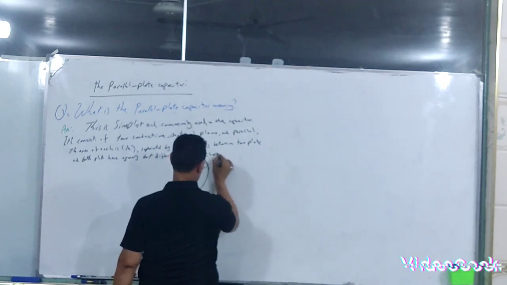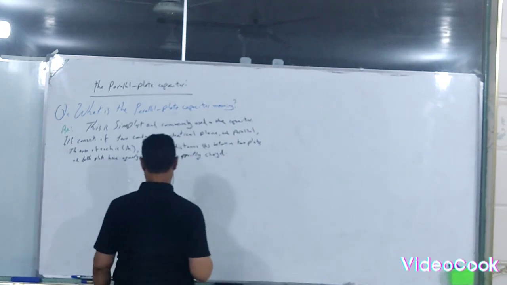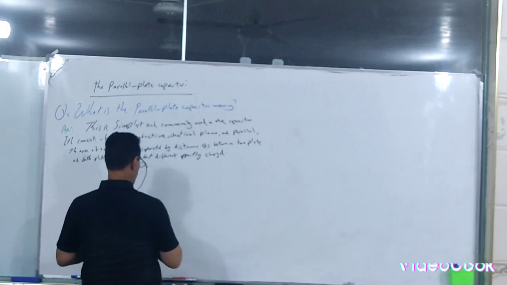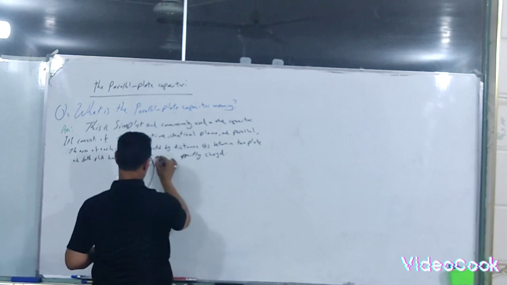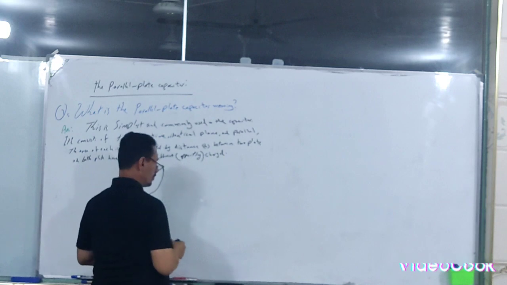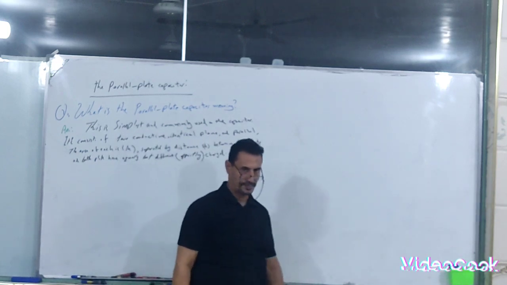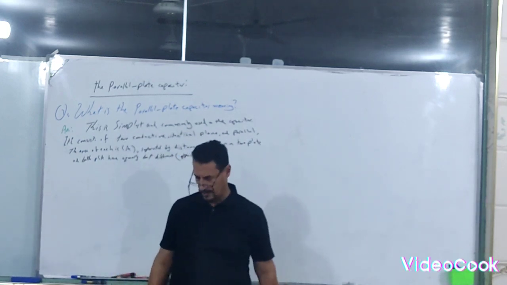We can write different or oppositely charged. That means one plate has a positive charge and the other plate has a negative charge.